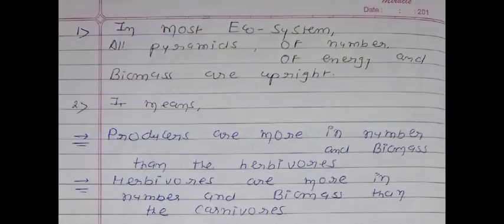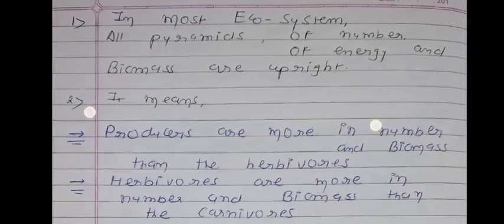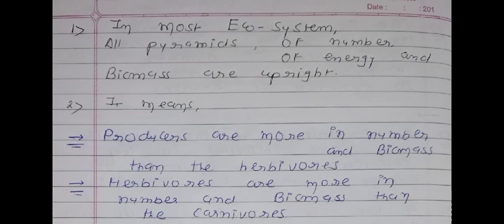Okay, now see the next page. In most ecosystems, all pyramids of numbers, energy as well as biomass are upright, meaning triangular in shape. So it is a one-liner question: majority of all pyramids will be upright.